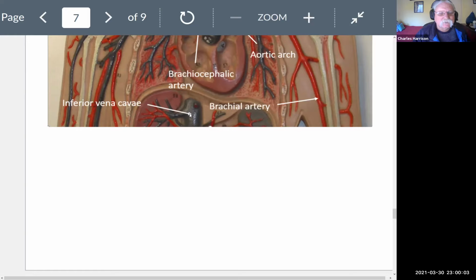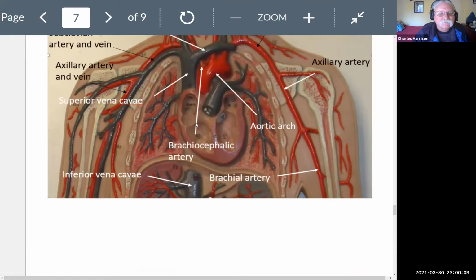The inferior vena cava, below the diaphragm, is coming up. Here's the superior vena cava, here. Inferior vena cava, here.